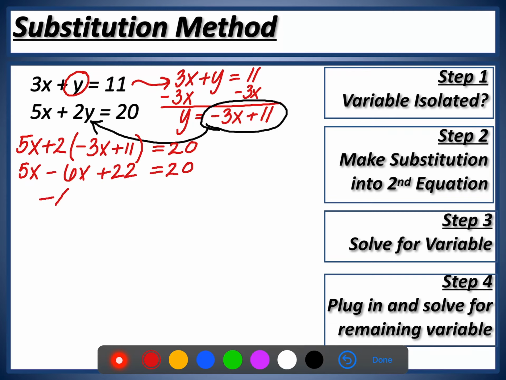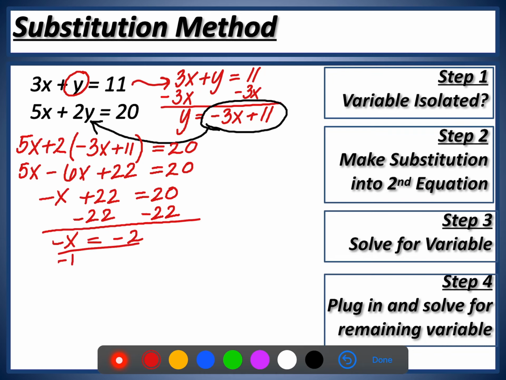Okay, and now that it's all one variable, we can easily solve the equation. Okay, so I get one variable, and now I want to plug back in and solve for the other.